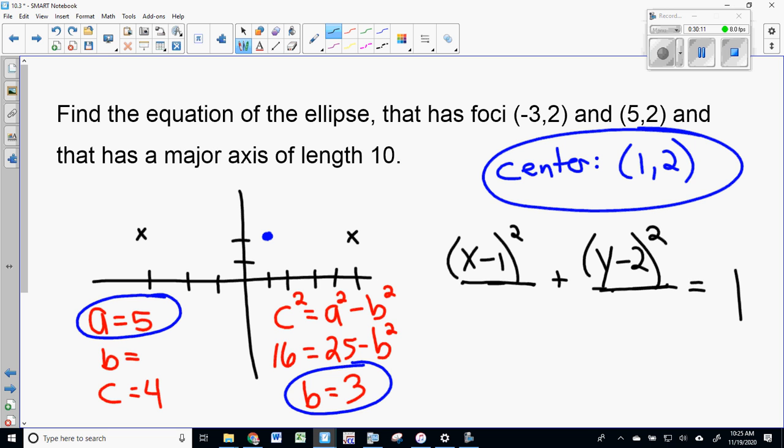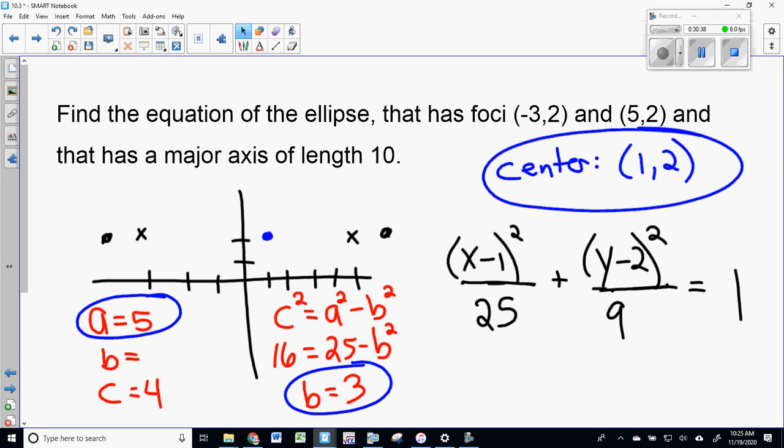So if the foci are here, then A has to go with the foci, right? And so that tells me that my vertices are going to be out here, which means 25 has to be here. So it's the same problem as the one on the front, just worded differently.